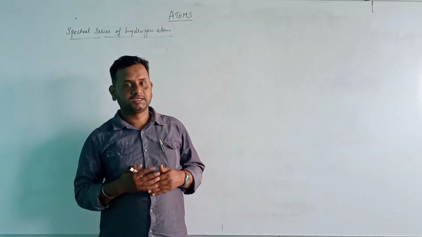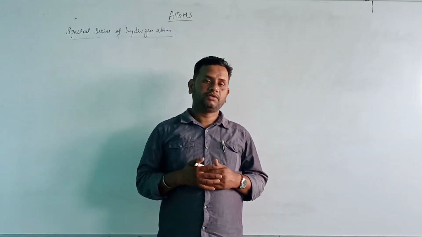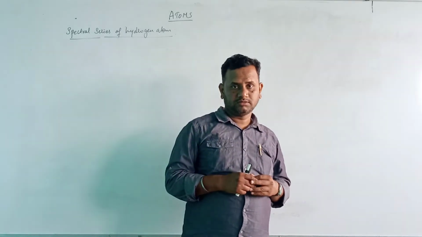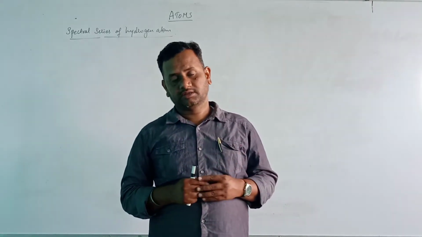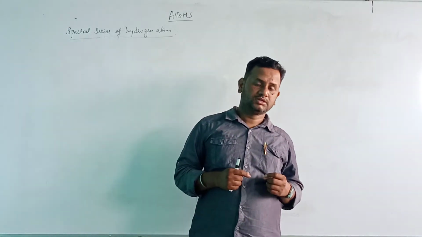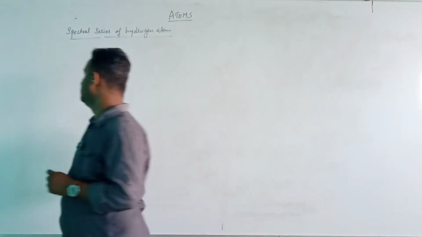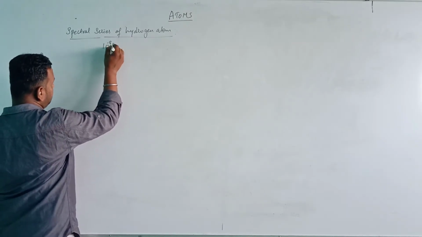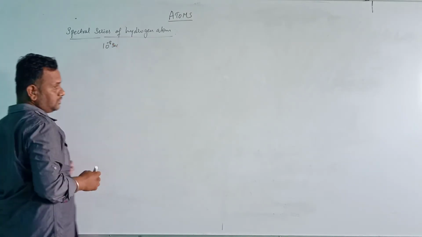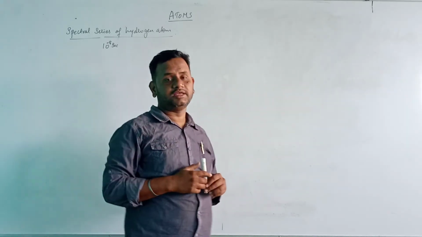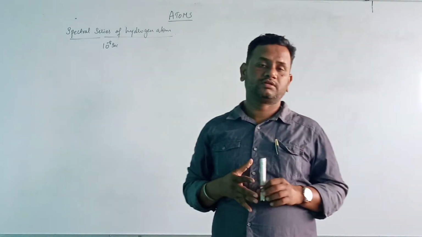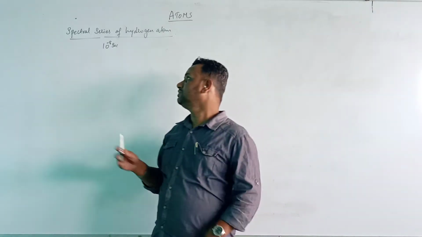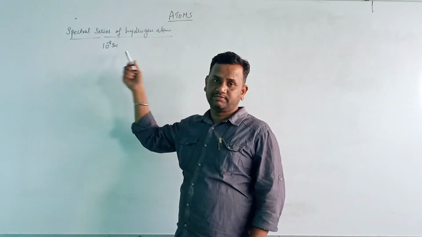After getting some energy, it will jump to the higher orbit, and there it has a lifetime of about 10 to the power of minus 8 second. It stays at the higher orbit for nearly 10 to the power of minus 8 second.